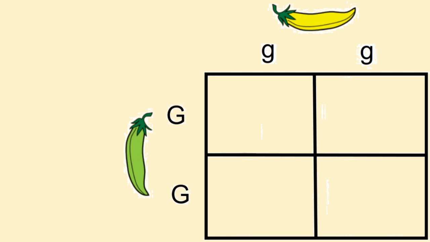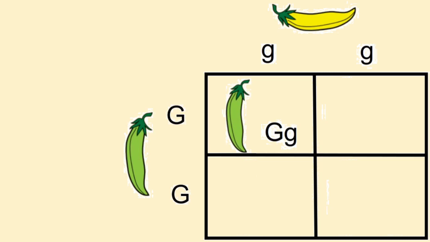So when your genes from one parent mix with the genes from the other parent, you might get a dominant gene and a recessive gene. Because you've got one dominant and one recessive in this case, the dominant's going to win, so that's going to produce a green pea pod.